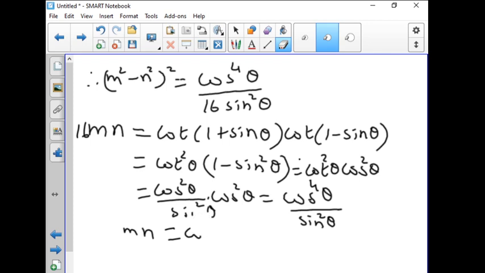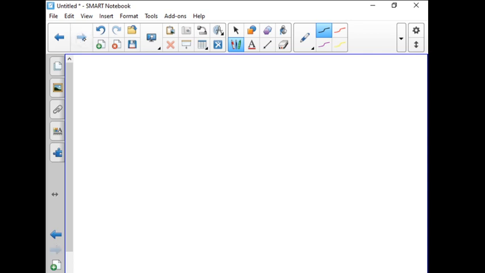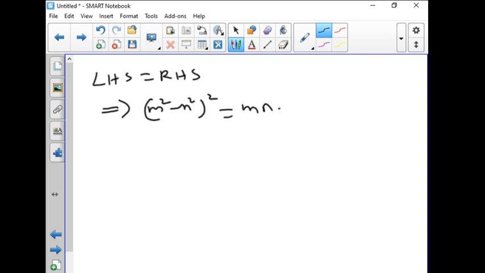Therefore, mn is equal to cos power 4 theta by sine square theta into 16, that is, cos power 4 theta by 16 sine square theta. This is the left hand side and this is the right hand side, and both are equal. So left hand side is equal to right hand side, which tells us (m square minus n square) the whole square is equal to mn.